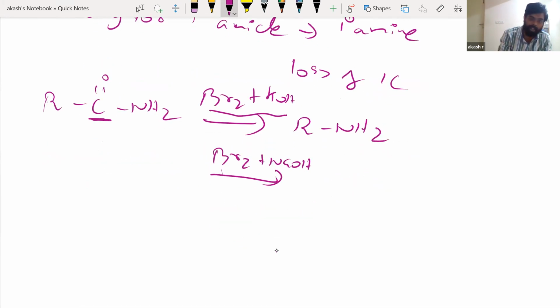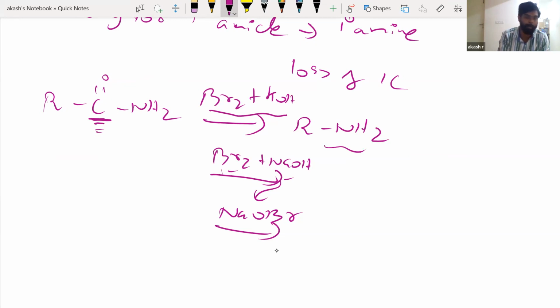Or sometimes they can give it as NaOBr, because when Br2 and NaOH react, this is the compound which is formed. Same way KOH would have formed KOBr. That also is okay. So in different ways the reaction is the same, but eventually one carbon atom less than the amide will be there in your amine.